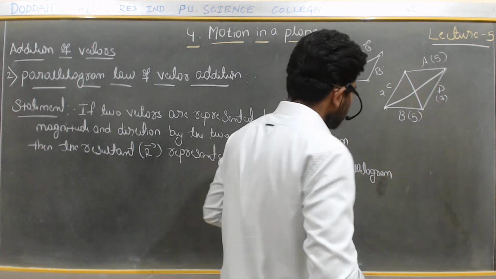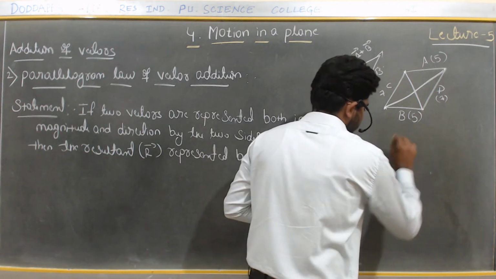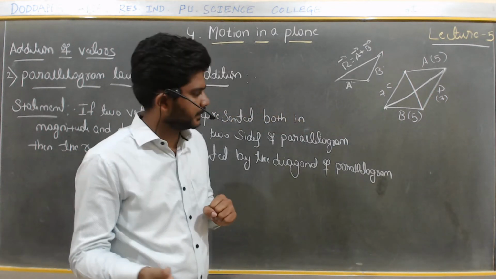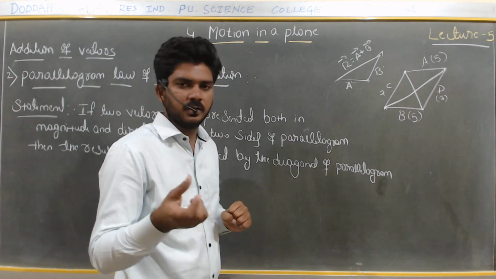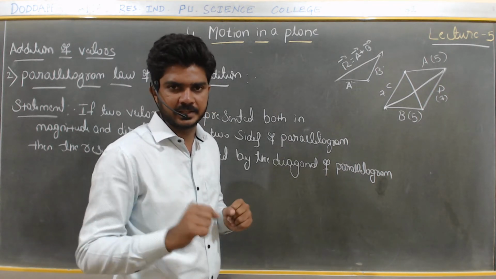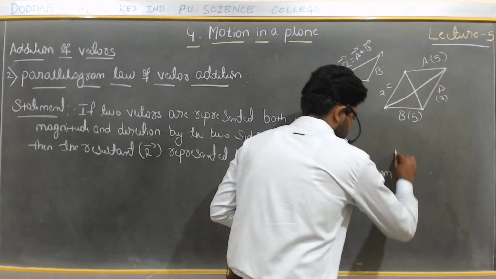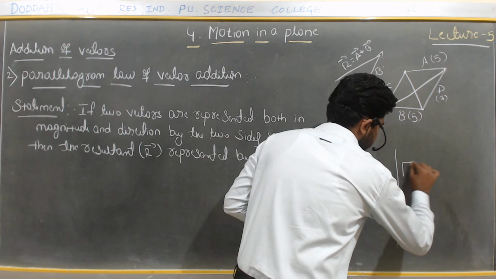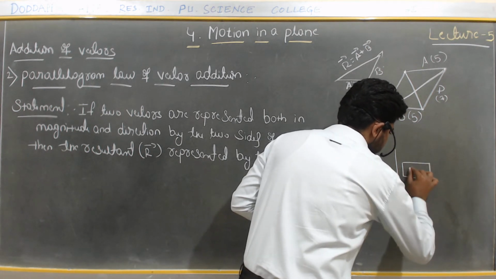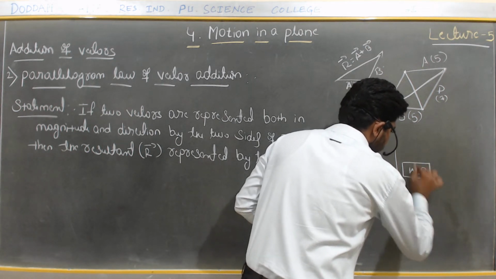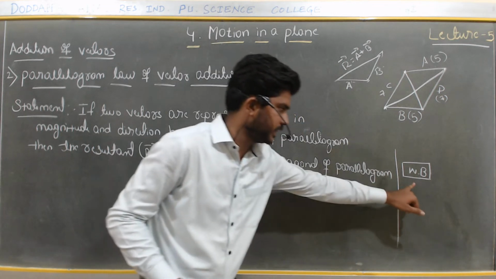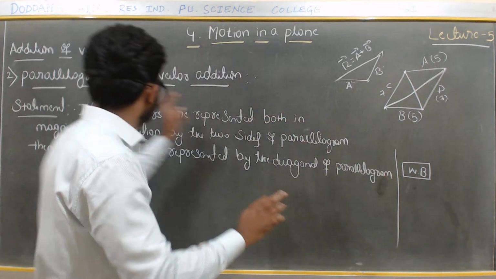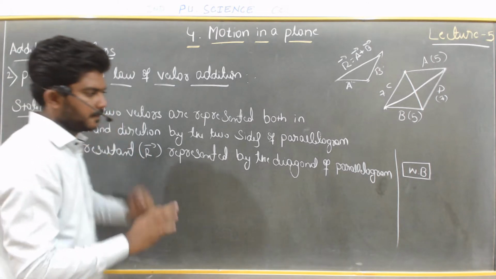Assume that a vector is a physical quantity which has magnitude as well as direction, right? For example, here consider one wooden block. See, I am giving the example of when we are going to use this law.